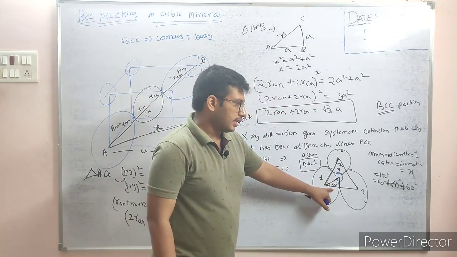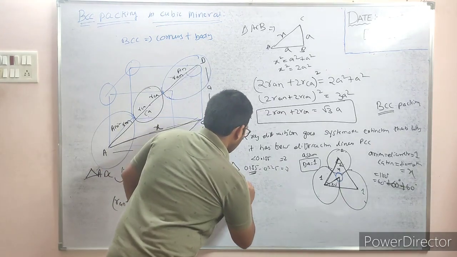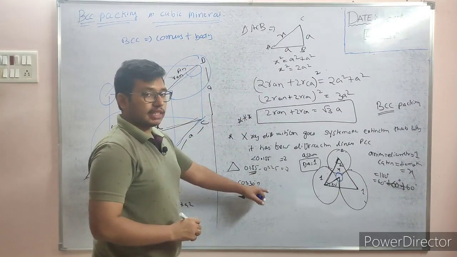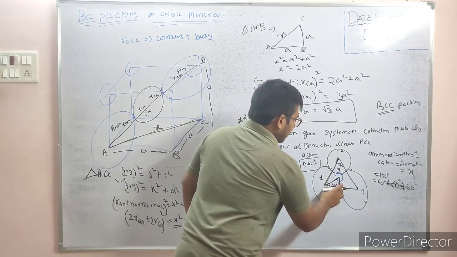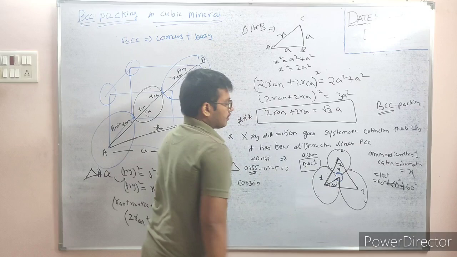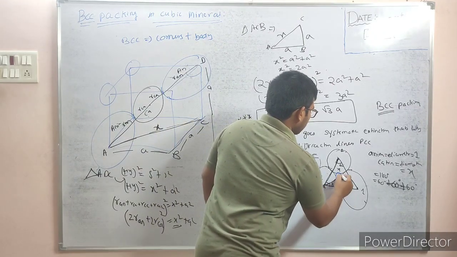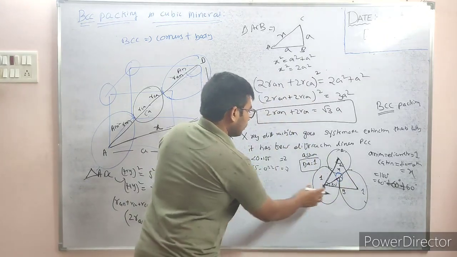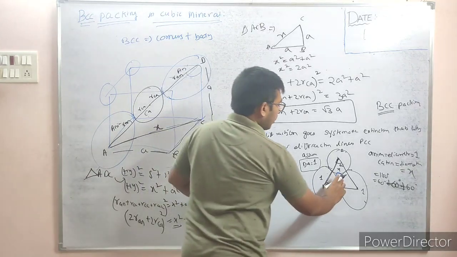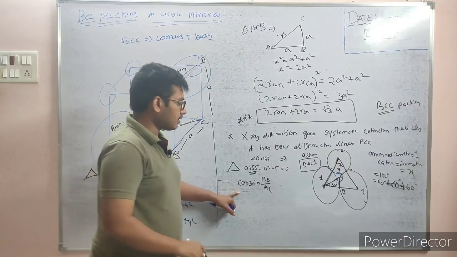Now if you take cos 30, what will be the value of cos 30? It is adjacent side upon hypotenuse. If you take A, B, C, cos 30 is equal to adjacent side AB upon hypotenuse AC, right? समझ आ रहा है ना अच्छे से?